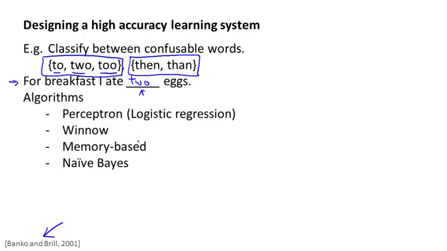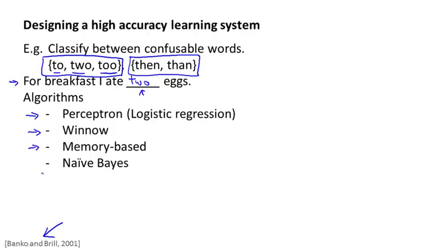They took a few different learning algorithms which were considered state-of-the-art back in the day when they ran this study in 2001. So they took a variant on logistic regression called the perceptron. They also took some algorithms that were state-of-the-art back then but are somewhat less used now. So the Winnow algorithm, also very similar to logistic regression but different in some ways, much used, somewhat less used not too much right now.